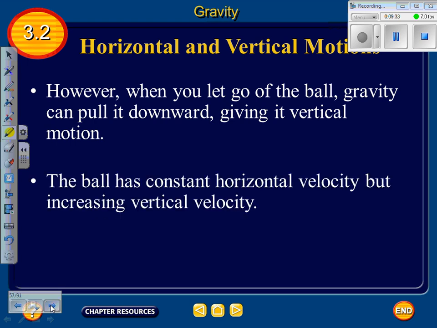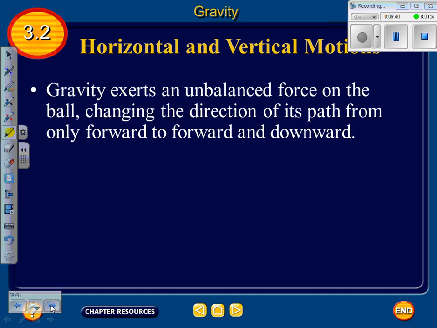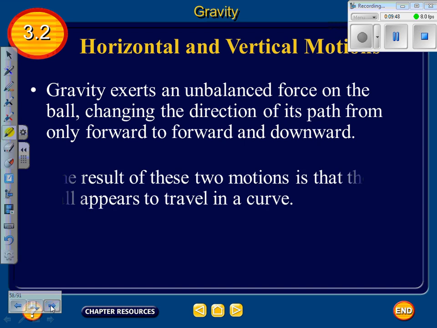The ball has constant horizontal velocity, but increasing vertical velocity. Gravity exerts an unbalanced force on the ball, changing the direction of its path from only forward to forward and down. The result of these two motions is that the ball appears to travel in a curve.